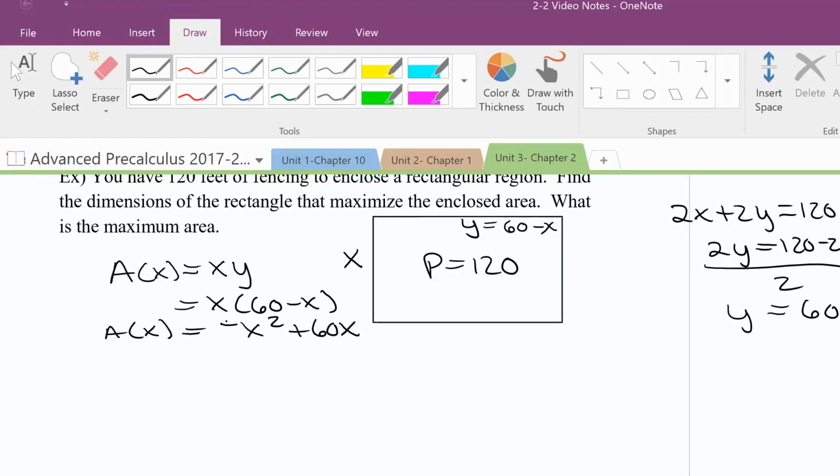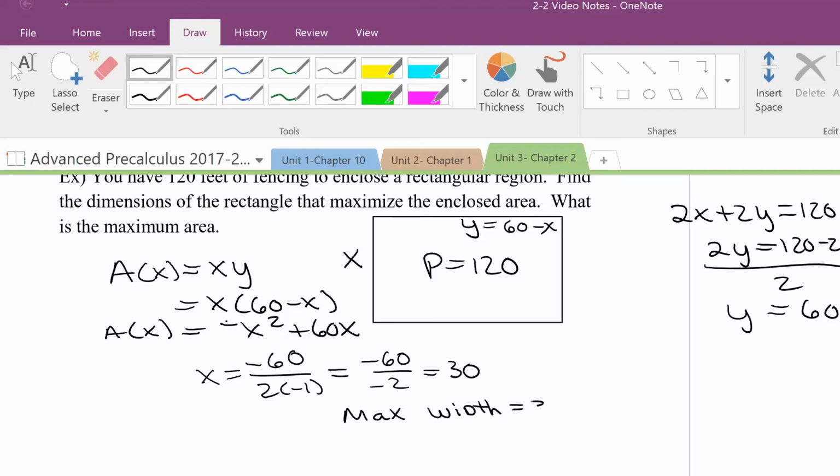So if I find the vertex, it's negative 60 over 2 times negative 1, which gives me negative 60 over negative 2, which is 30. So that means the maximum width here, if I let x equal the width, is 30 feet.